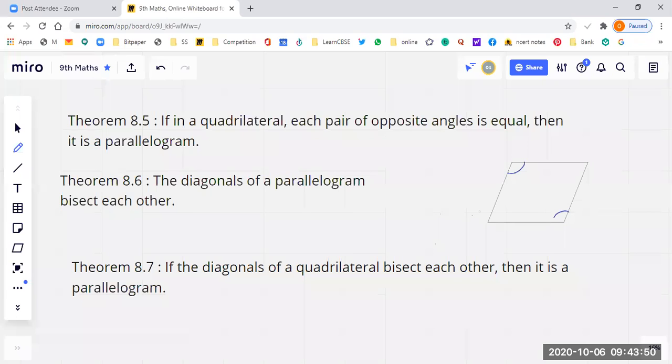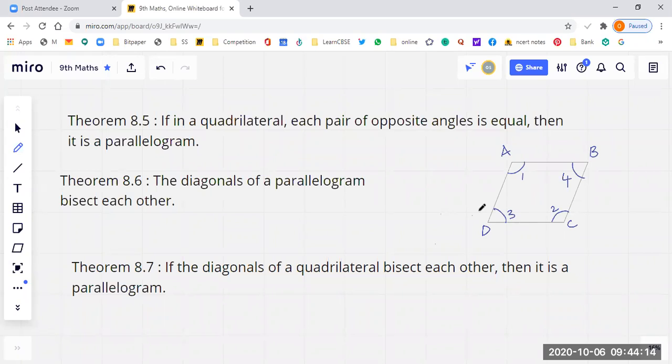Now it's given that these angles are equal. Let's say angle 1 is equal to angle 2, angle 3 is equal to angle 4. Now it says that if each pair of opposite angles is equal, then it's a parallelogram. So you need to prove that ABCD is a parallelogram.